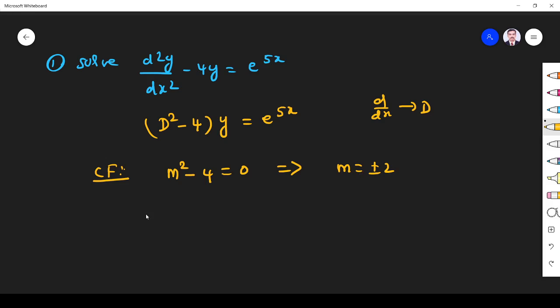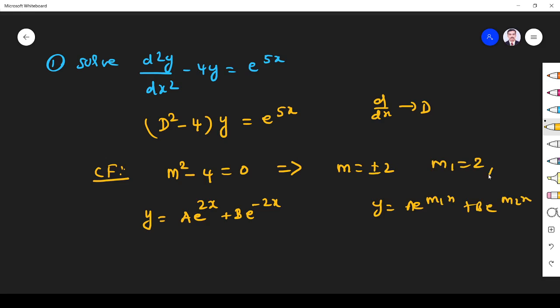If the roots are different, the solution is y is equal to A e power m1 x plus B e power m2 x. Here m1 is plus 2 and m2 is minus 2, so y is equal to A e power 2x plus B e power minus 2x. This is the complementary function.